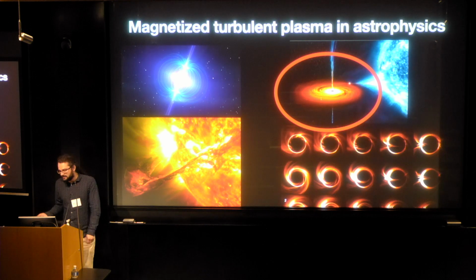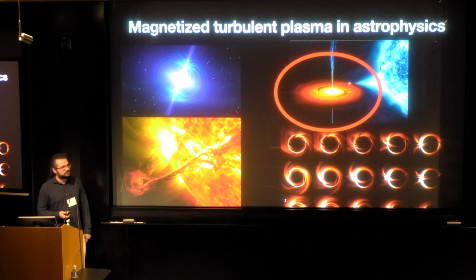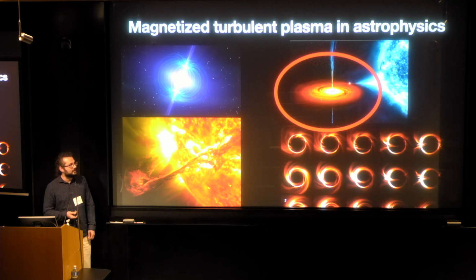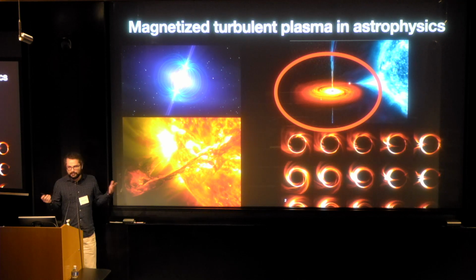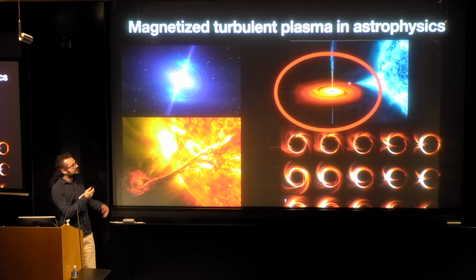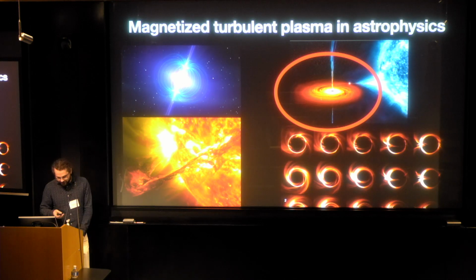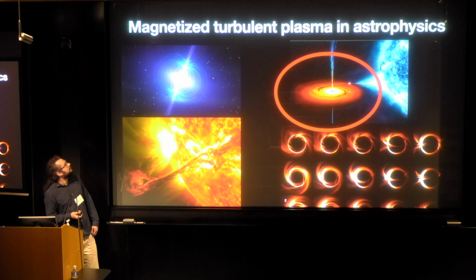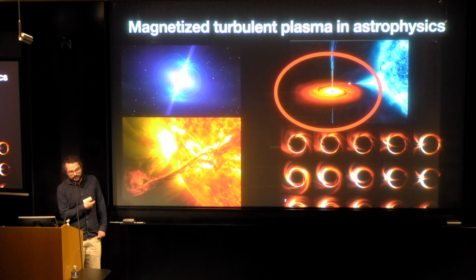And as long as I am mostly interested in black hole X-ray binaries, I'm doing my PhD about the observational properties of those. I will tell about magnetized turbulence in this context.